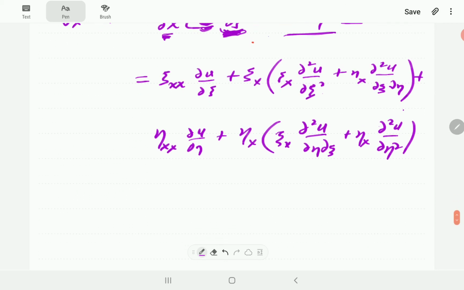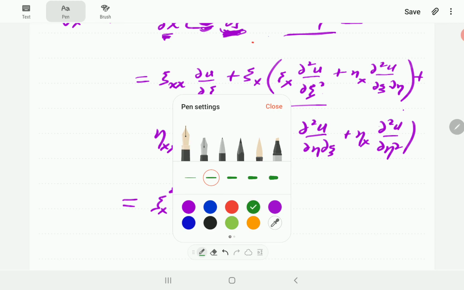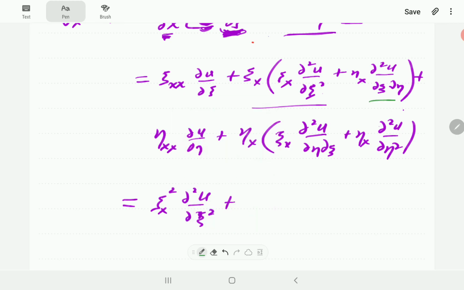And then if we remove the brackets and collect terms, we're going to start with the second order derivative terms first. So this one is going to give us xi x squared, second order derivative of u with respect to xi. Then these two terms are like terms.